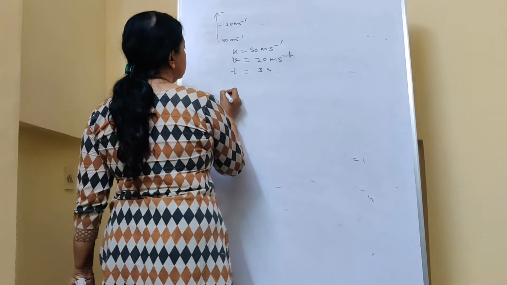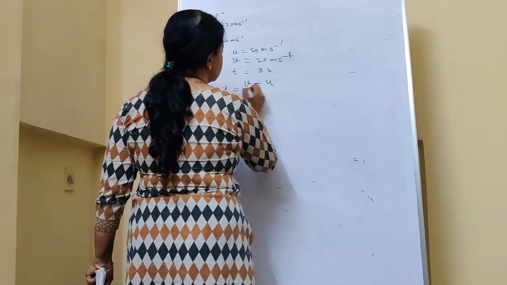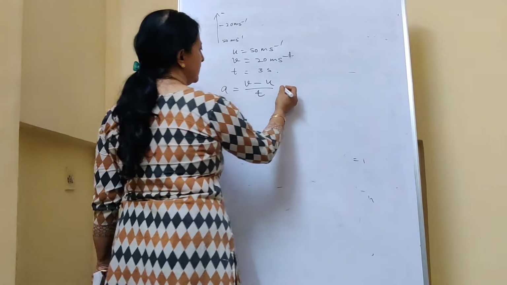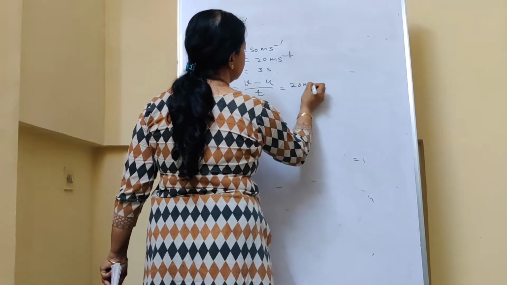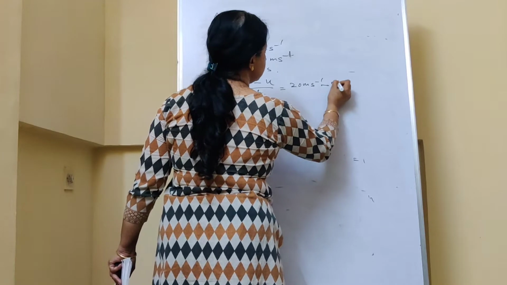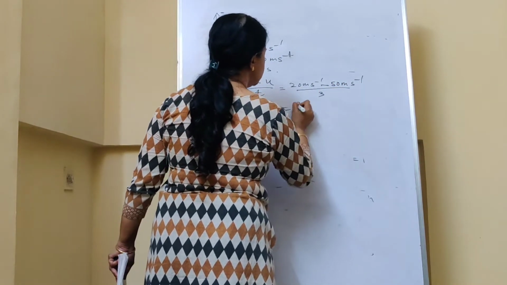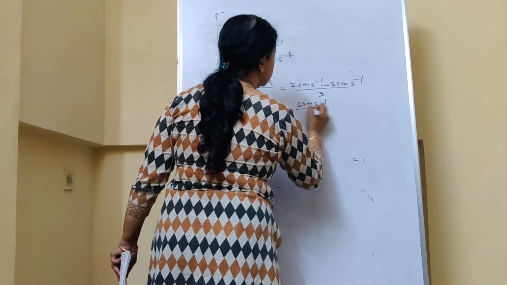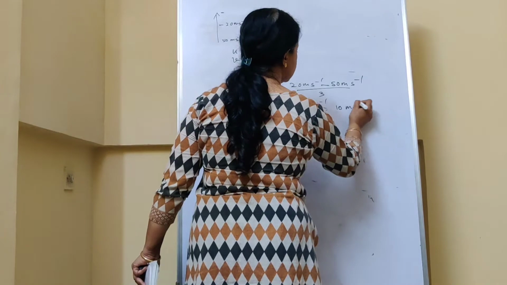So when you find the acceleration, it is final velocity minus initial velocity by time. Here final velocity is 20 meters per second, initial velocity is 50 meters per second, and time is 3 seconds. So minus 30 meters per second divided by 3 will give you minus 10 meters per second square.